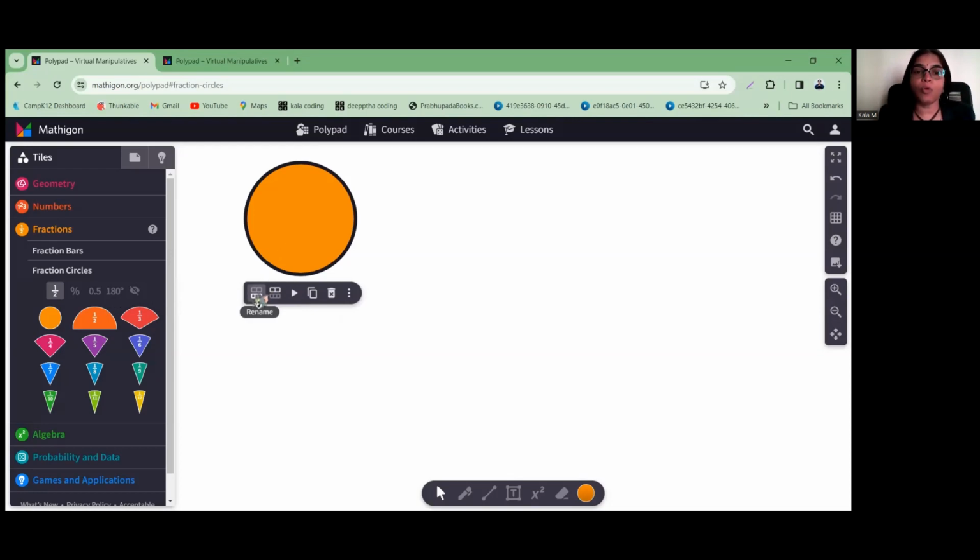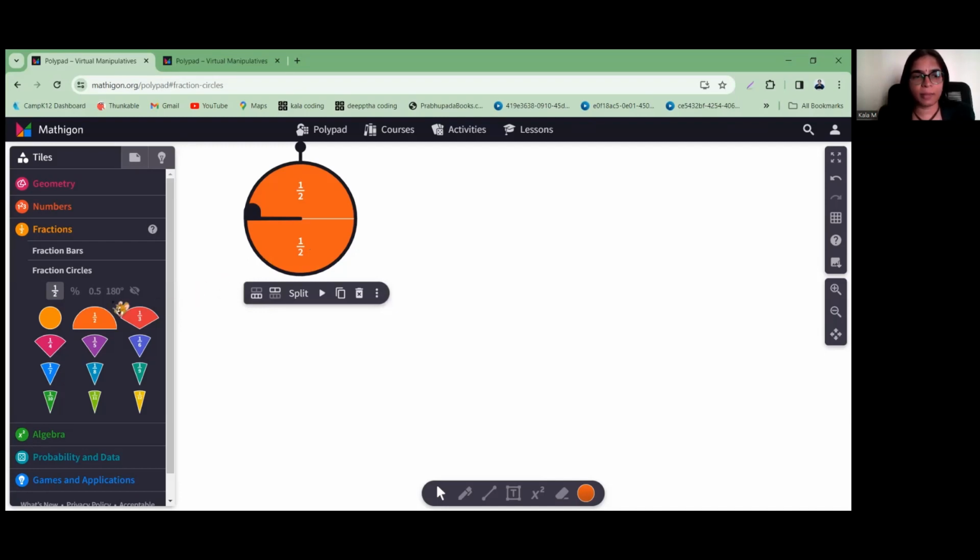If we make more parts, I'm going to make two parts in this. Because I'm making two parts, this one part is called one half. This much is a one half, and this much is another one half. Two halves together become a one.